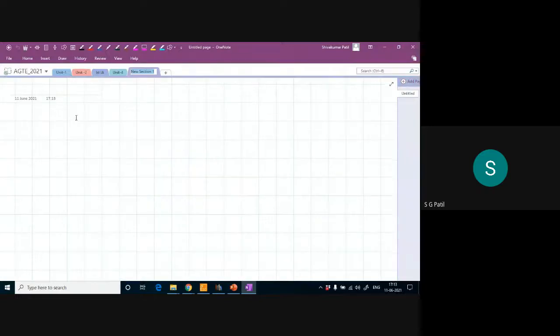I will take a fresh page here. So this is unit 5. The first problem we take down, let me write here. So there is a pile here.